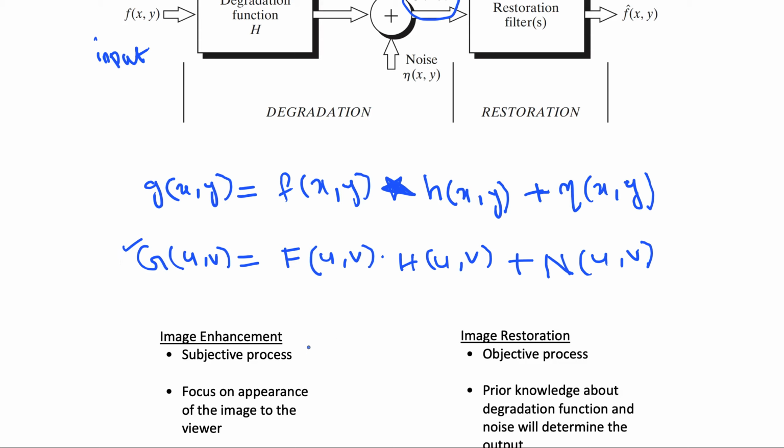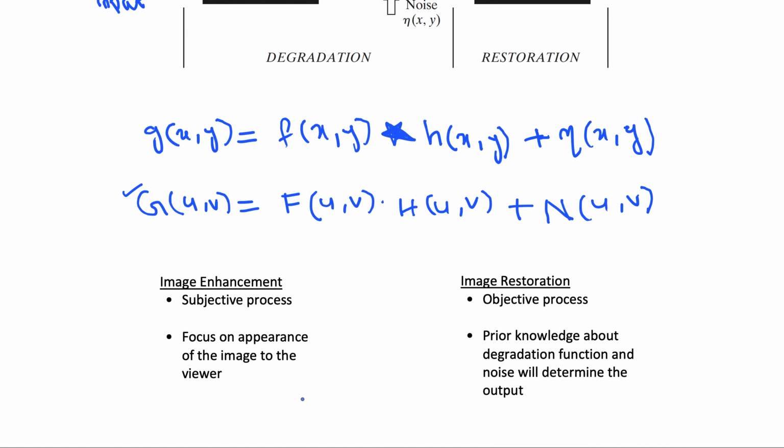In image enhancement, such as contrast stretching or image averaging, it is actually a subjective process. We are not dealing with any mathematical quantity which will say that the image is perfectly enhanced. It focuses on the appearance of the image to the viewer. The viewer is the final judge who determines whether the image is good or bad for a specific application.